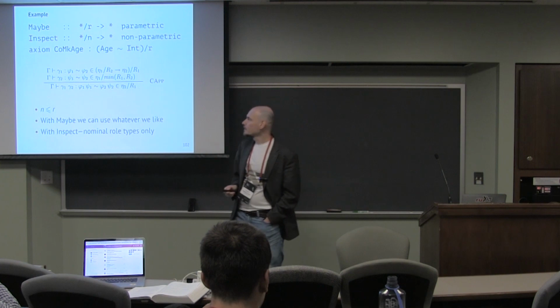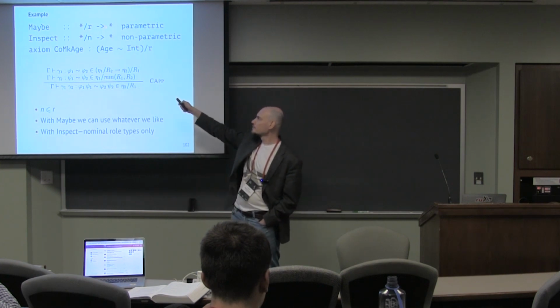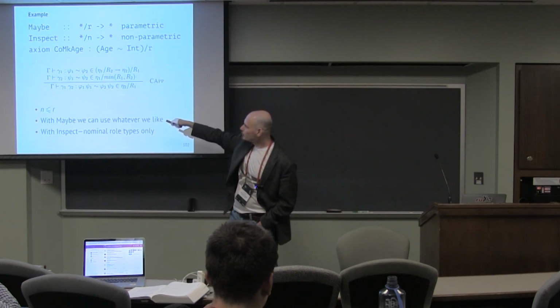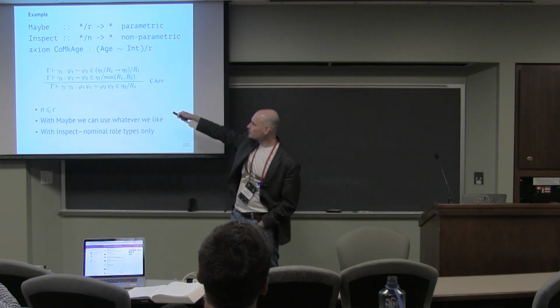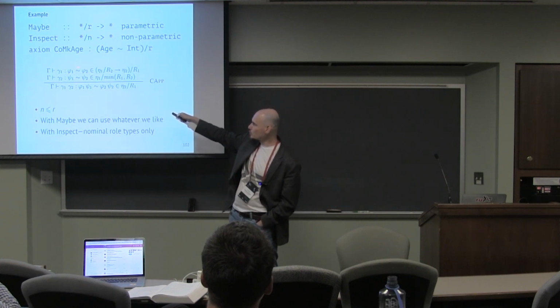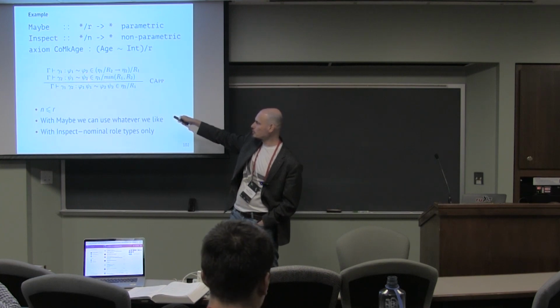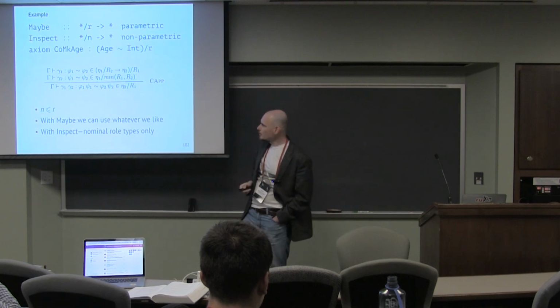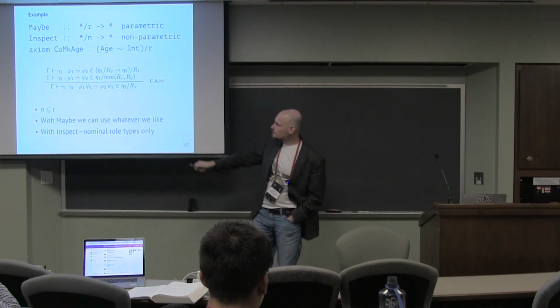For example, if we have Maybe, let's see. So phi1 and phi2 here, this will be Maybe or Inspect. You see, it's type application, and the left part is either Maybe or Inspect. So phi1, phi2 will be either Maybe or Inspect, and these psi1 and psi2 will be Int and H. Now, what do we have for Maybes?